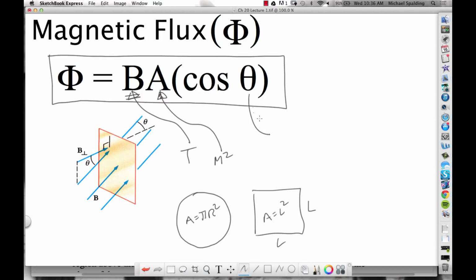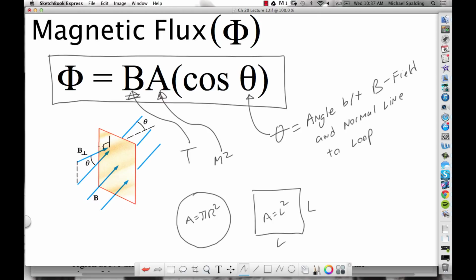Now, theta is the tricky part of the equation. Theta is the angle between the B field, the magnetic field, and the normal line to the loop.